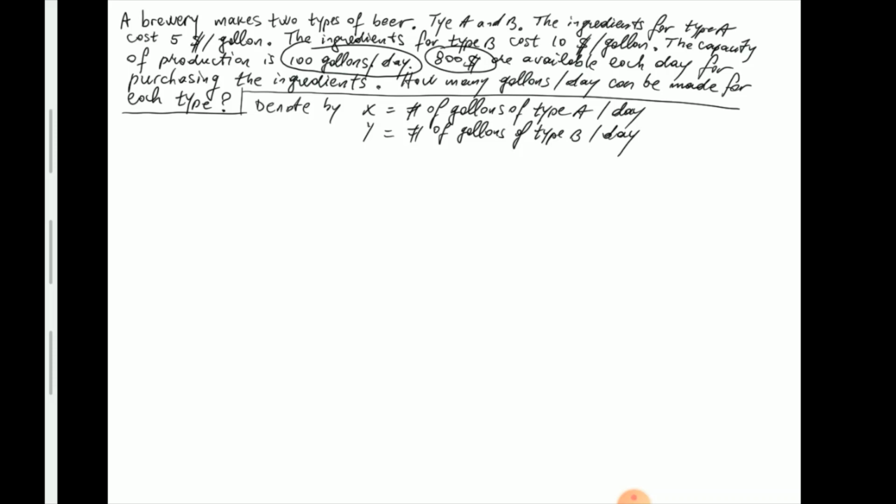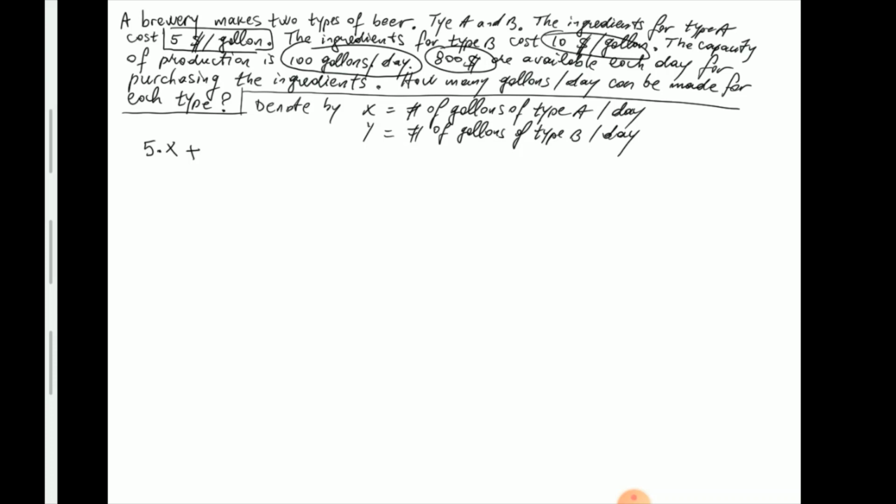Well, to make 1 gallon of type A, you need $5 in ingredients. To make X gallons of that type, you obviously need 5 times X. So 5 times X is the cost of the ingredients for making X gallons of type A. To which you have to add the cost of making Y gallons of type B, which remember, will cost $10 per gallon.